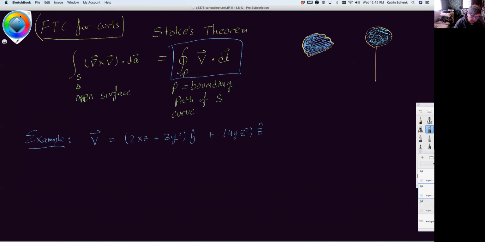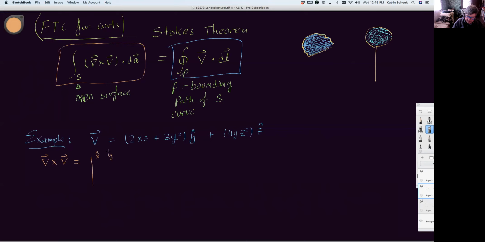I have to take the cross product. So I'm going to come over here in my different color and just say I'm going to do this part first. And to do that, I've got to take the cross. So I'm going to use my determinant kind of way of doing a cross product. So let's see. So remember, what we do is we put the unit vectors up here: x hat, y hat, and z hat.